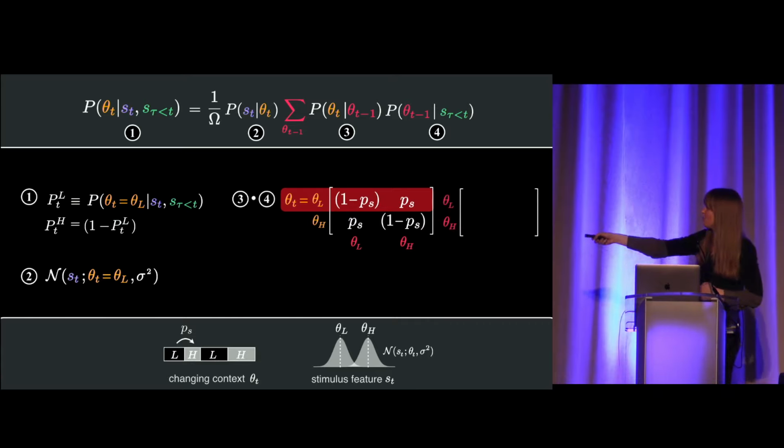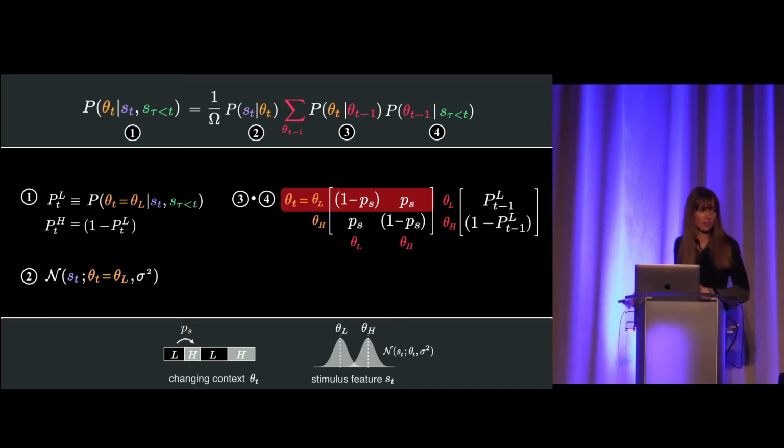Right? So if the environment is in the low state, that's the probability of being in the low state at time t minus 1. If the environment is in the high state, that's 1 minus this probability.